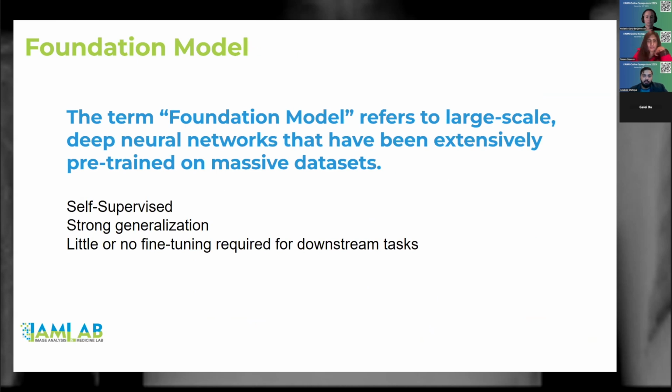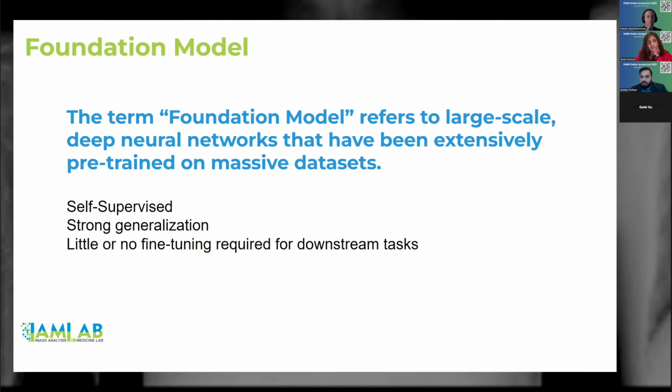For fairness and generalization, recently we have seen the emergence of foundation models, which have been trained on very large-scale data because of advancements in self-supervised learning. We no longer need to label large amounts of data in order to train the foundation models, which is itself a cumbersome task and may introduce annotator bias or variability.